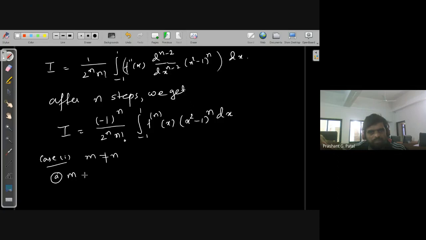If m is less than n, then let f of x equal to pm of x in this equation.